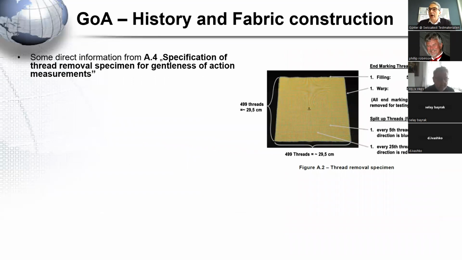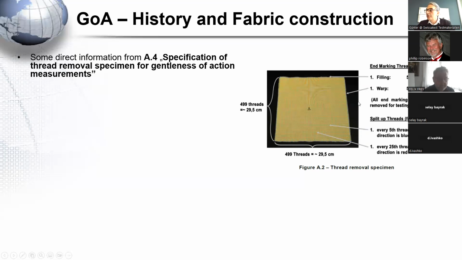Now I have also some direct information out of the standard. All this information you can find really well inside the standard. It's copied out from the CD2. Here see again the end marking thread, these blue ones. In filling, meaning in weft, 5 blue threads, and in warp also 5 blue threads.